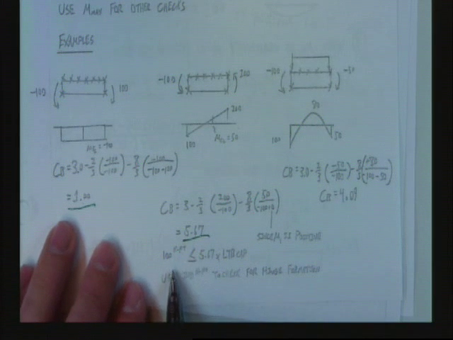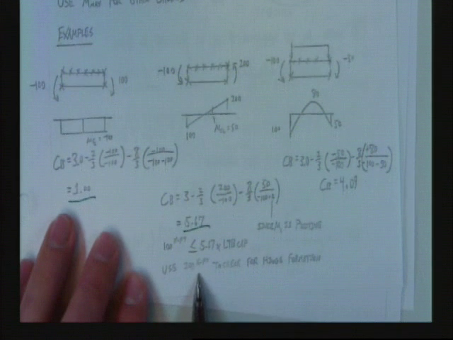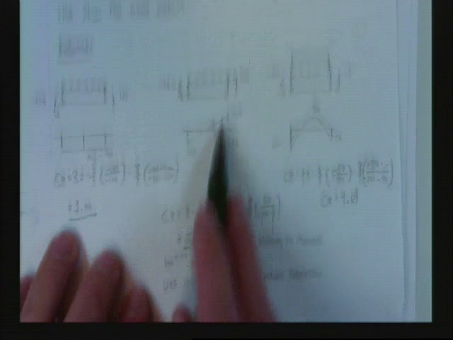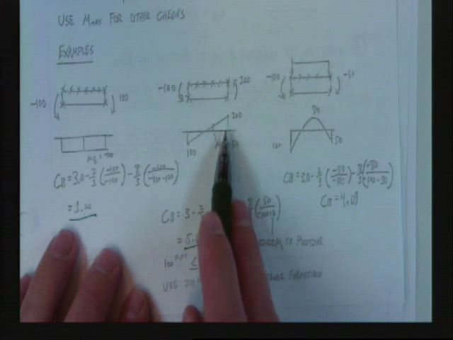So I'm going to take 100 kip feet, and I'm going to compare it to 5.67 times my lateral torsional buckling capacity. But I'm going to use 200 kip feet to check for hinge formation, or M sub P, against phi M sub P. I can still have a plastic hinge formation.